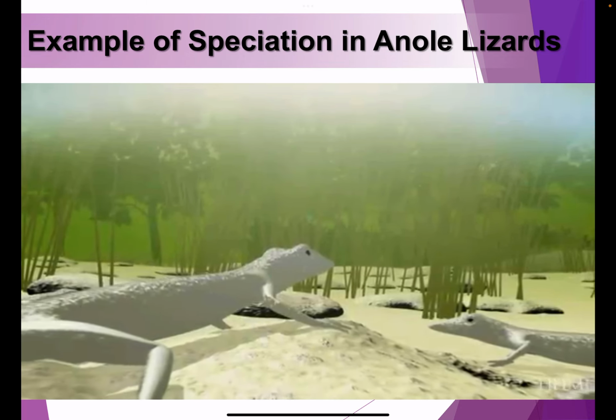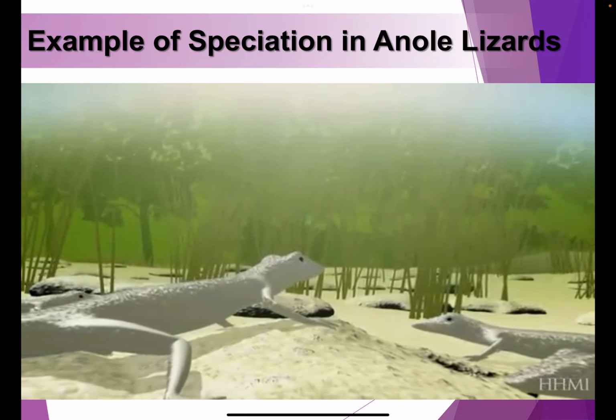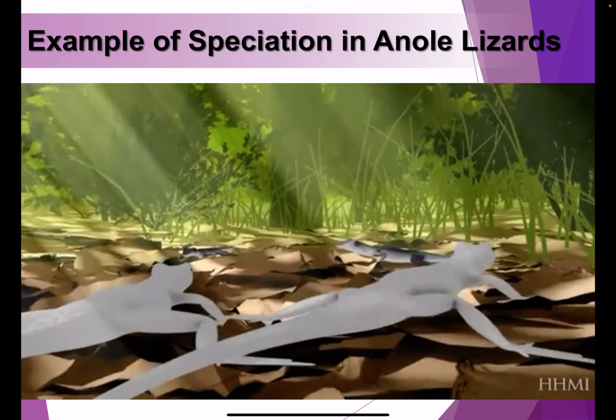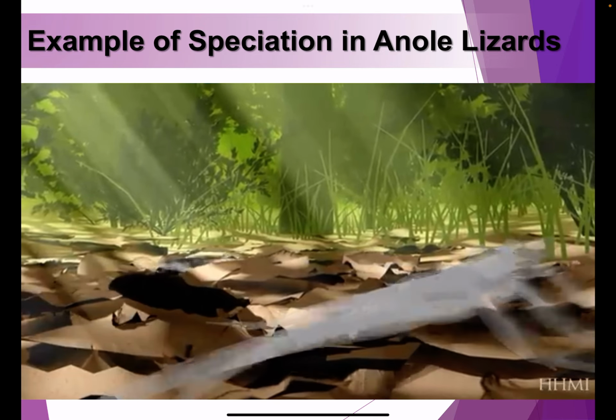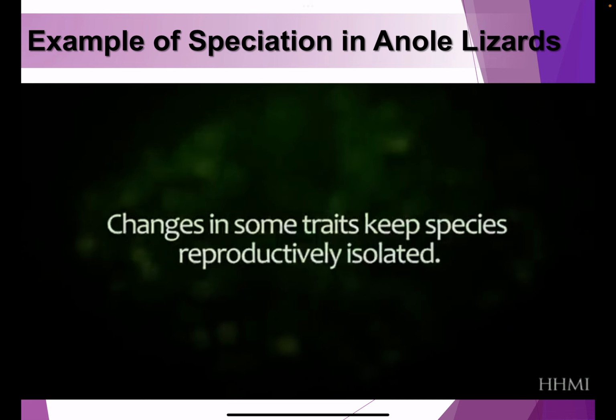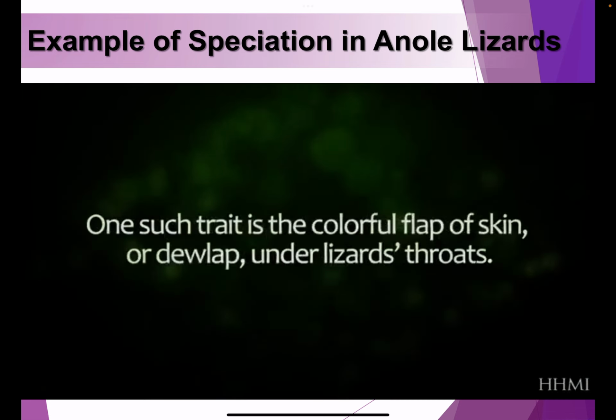Over many generations, they can undergo enough changes in their respective habitats that if and when they come back together again, they don't mate. Allopatric speciation.